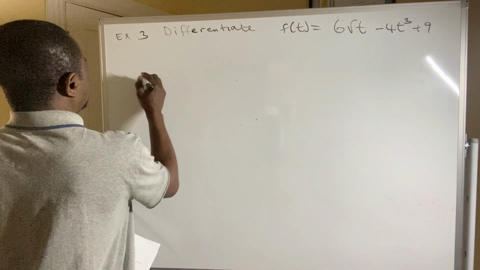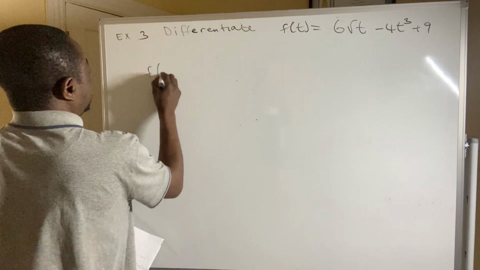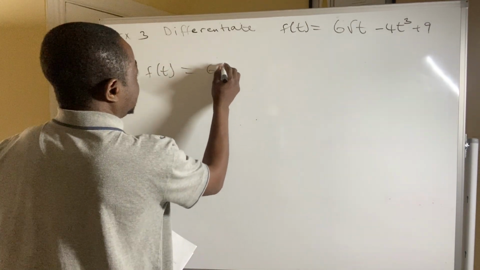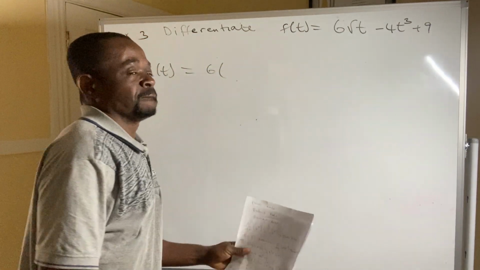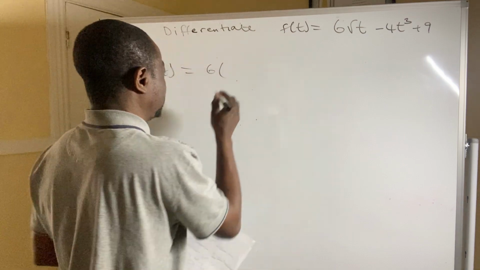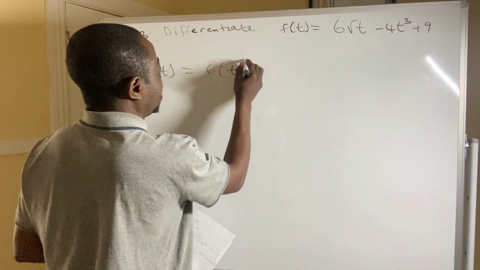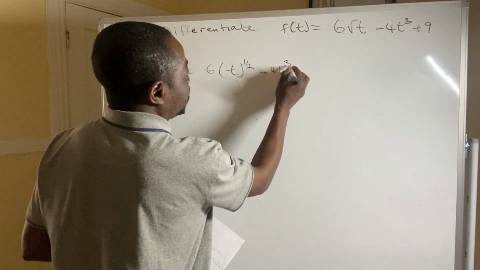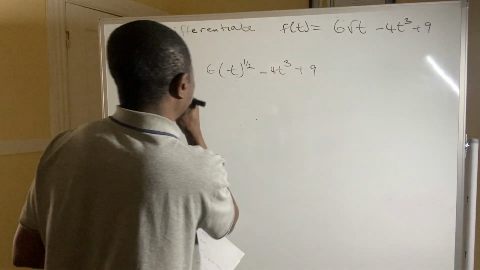So we have f of t is equal to 6 into bracket, square root, the same thing as t raised to the power half. So this is t raised to the power half, then minus 4 t raised to the power 3 plus 9.